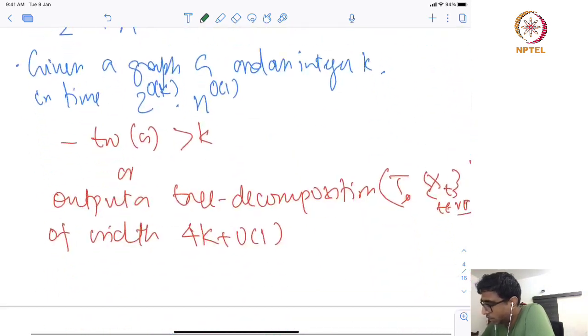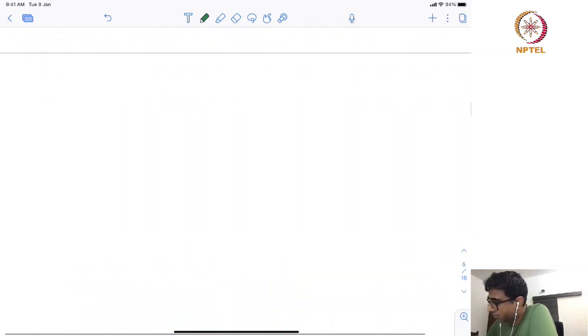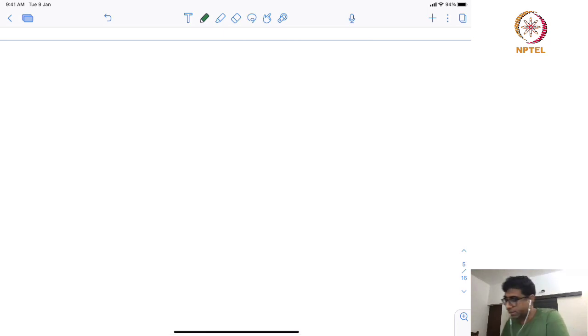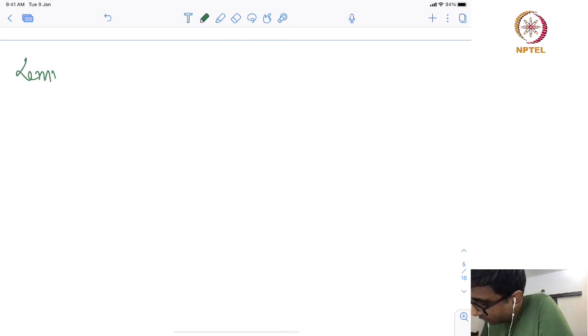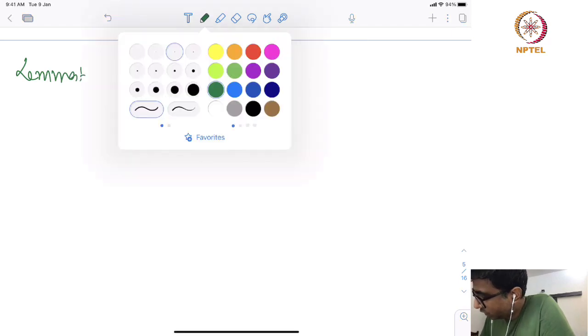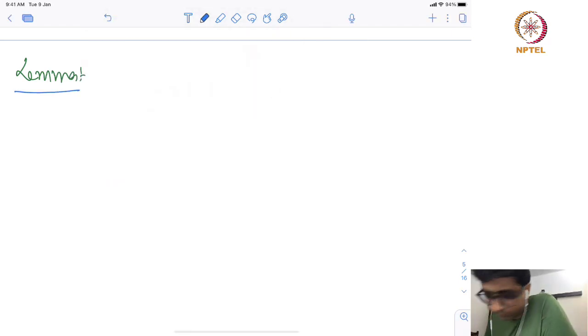So in today's lecture, let's try to do our first thing. This is a lemma that I would like to prove, and it will show something interesting.